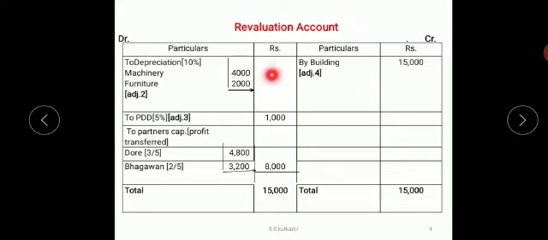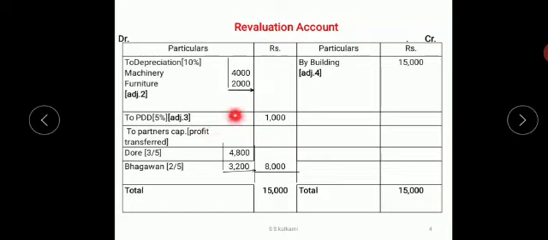Next, provision for doubtful debts, adjustment number 3, at 5%. This 5% is on 20,000, the book value of debtors. 5% of 20,000 amounts to 1,000.